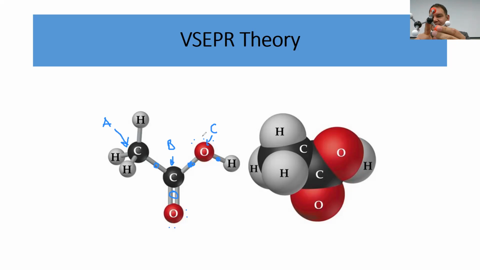Then we have this central atom right here, this one, and this is going to be a planar because it has 1, 2, 3 domains, and those 3 domains are creating a flat surface. If you can see that, it's a flat surface. It's a trigonal planar structure here. And then finally, we have our bent.